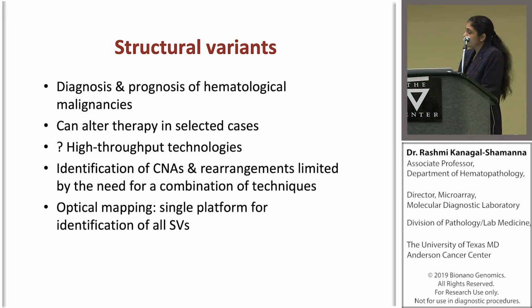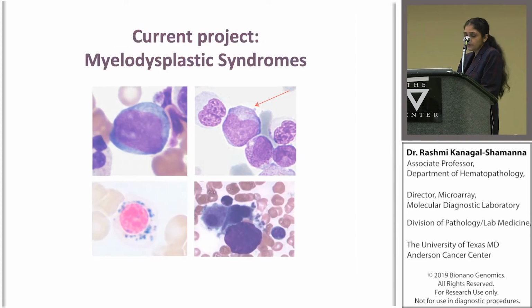NGS studies for identification of structural variants have not reached the mainstream yet. Since Sapphire is able to provide this opportunity by using optical mapping, as a single platform to identify these, we believe that there may be a lot of potential in profiling leukemias.